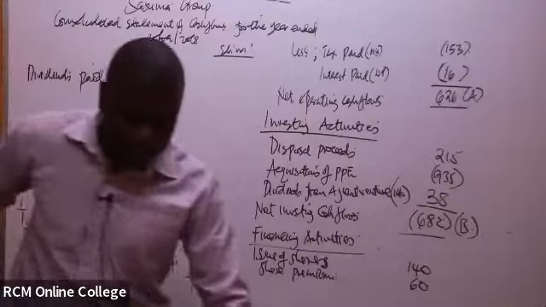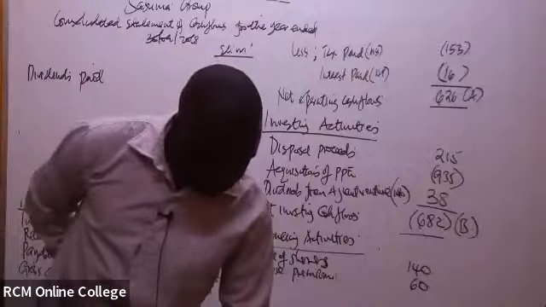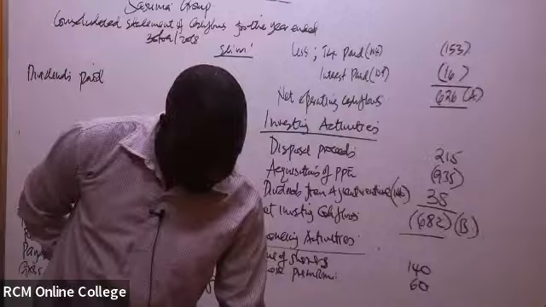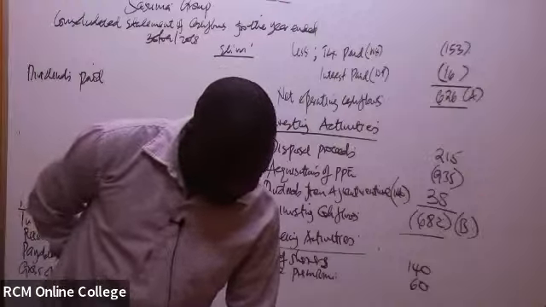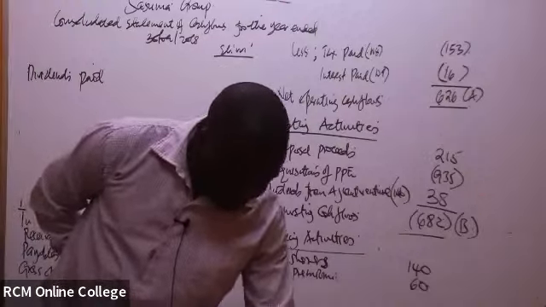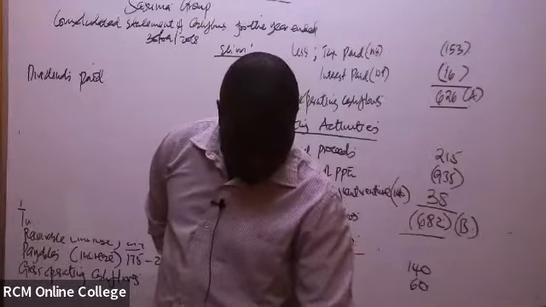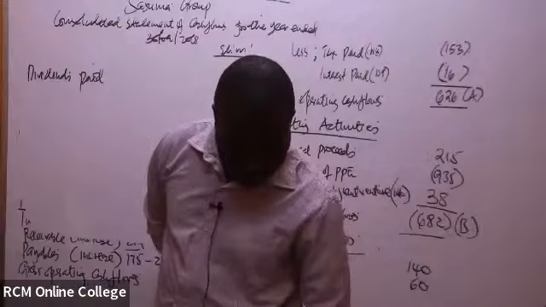And of course, if you look at the statement of changes in equity, we have dividend paid there, which we've actually been told there. Under the retained earnings, we have 360. We have in this case 570.